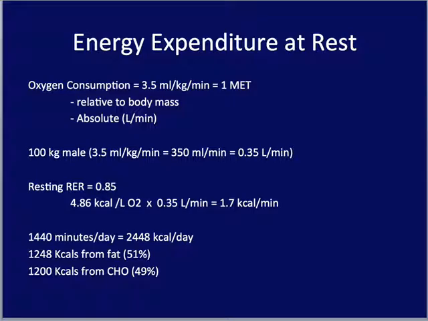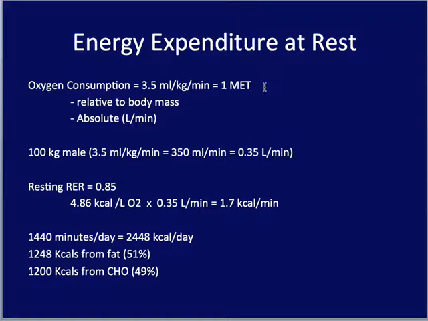What that means is for every kilogram of body weight or body mass, that individual is going to be utilizing 3.5 milliliters of oxygen for every minute. And 3.5 ml per kg per minute is equal to one metabolic equivalent.